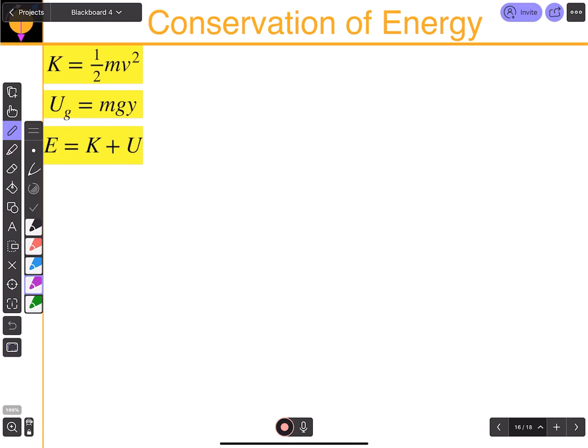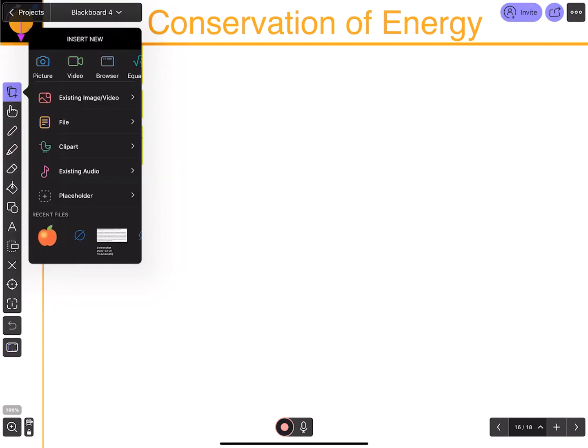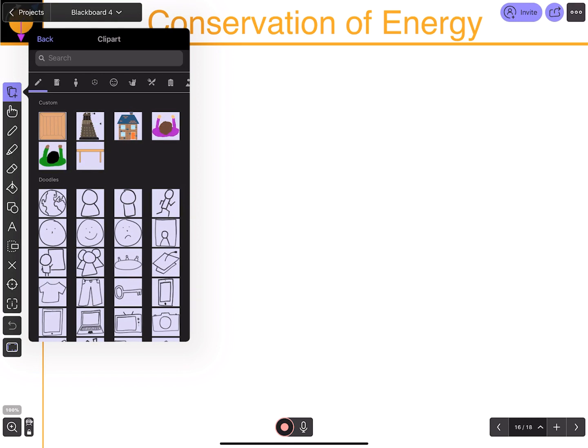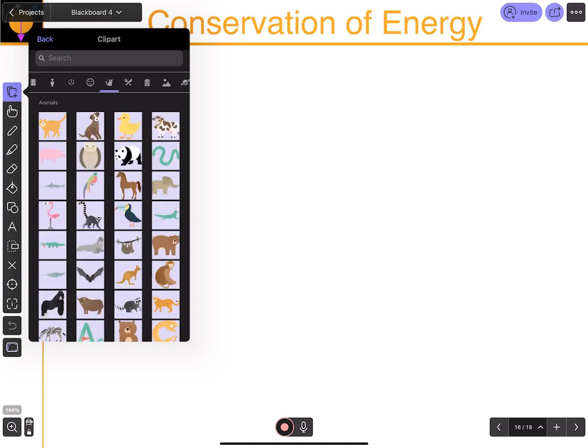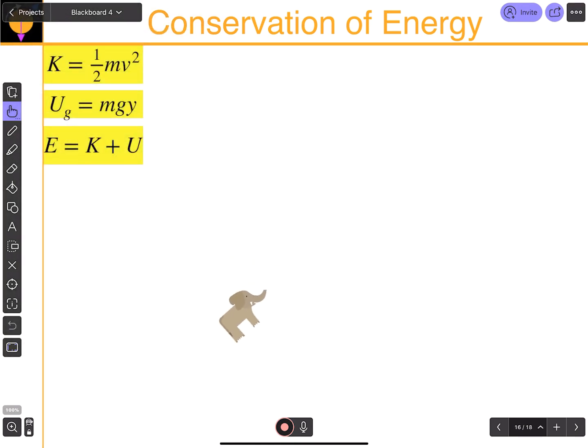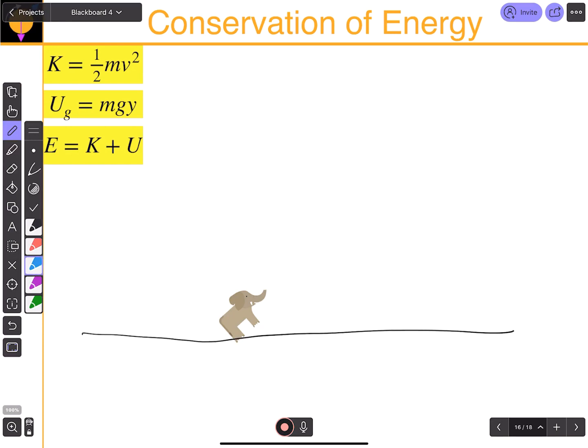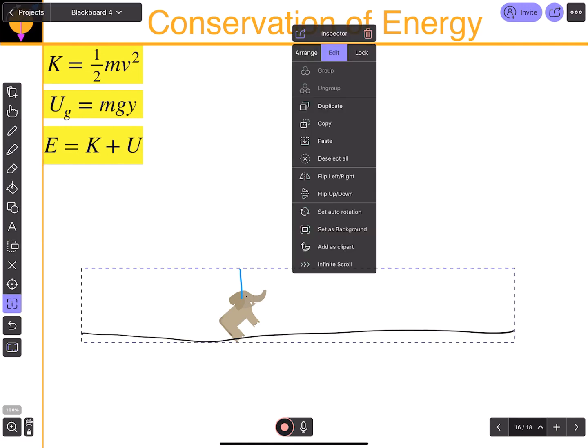Another thing that I can do with that is, if I throw an elephant, so here's an elephant on the ground, and I throw it upwards.